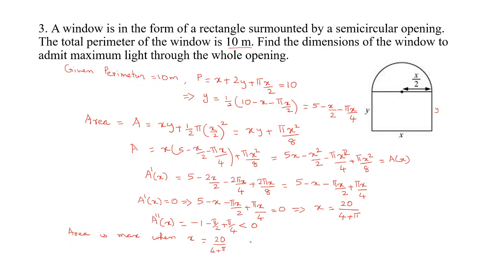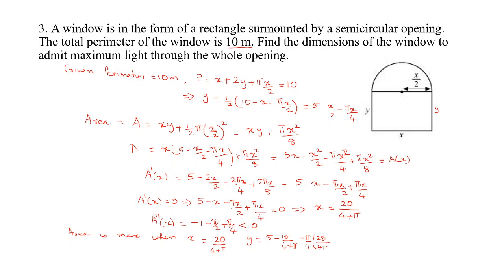So when x is equal to 20 by 4 plus pi, y is equal to 5 minus 10 by 4 plus pi minus pi by 4 into 20 by 4 plus pi.